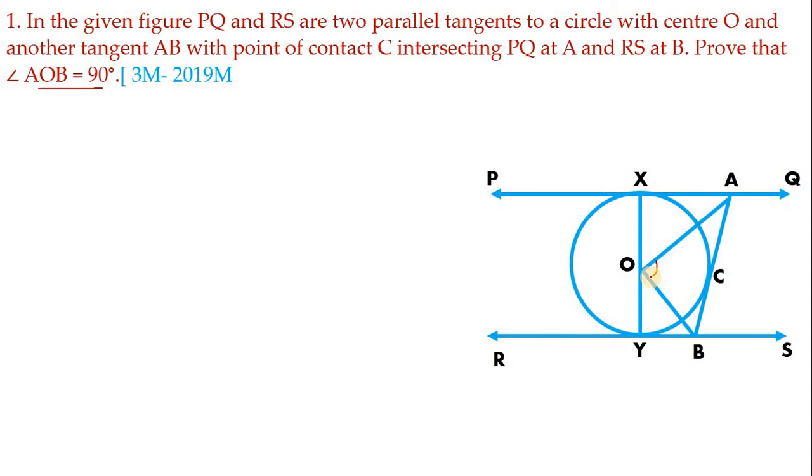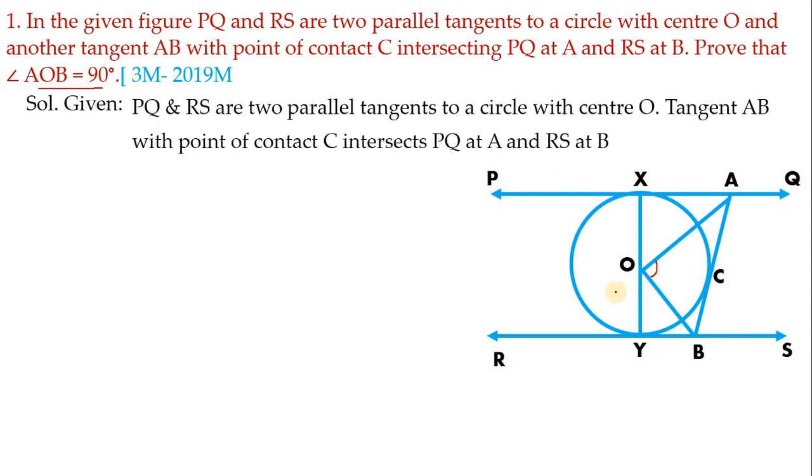How to prove that? Let us follow the steps. First, let me write up the given things. The given things are: PQ and RS are two parallel tangents to a circle with center O. Tangent AB with point of contact C intersects PQ at A and RS at B. Next step is to prove.